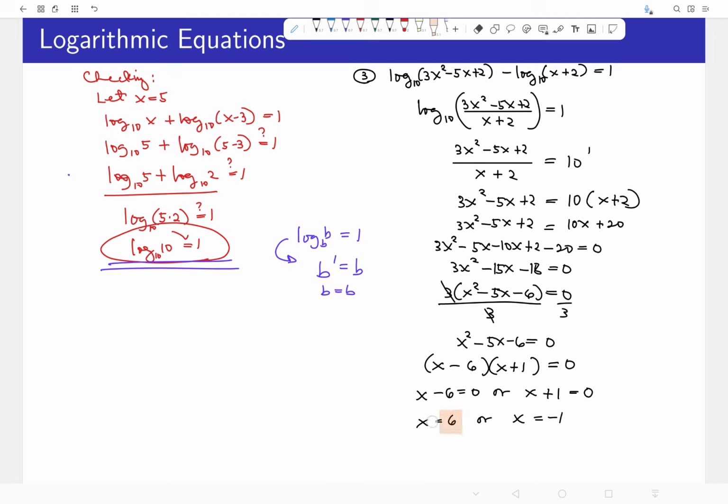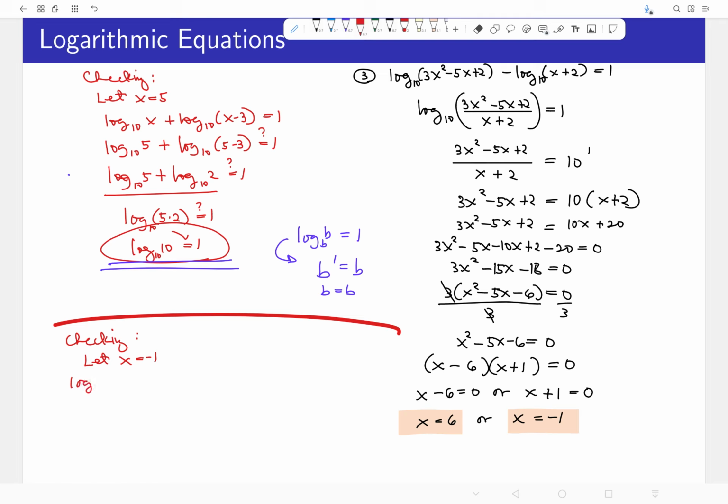We can try some values here for x to check. For checking, we will separate a line here, and then let's do the checking. We can try negative 1. All right, so let x be negative 1.